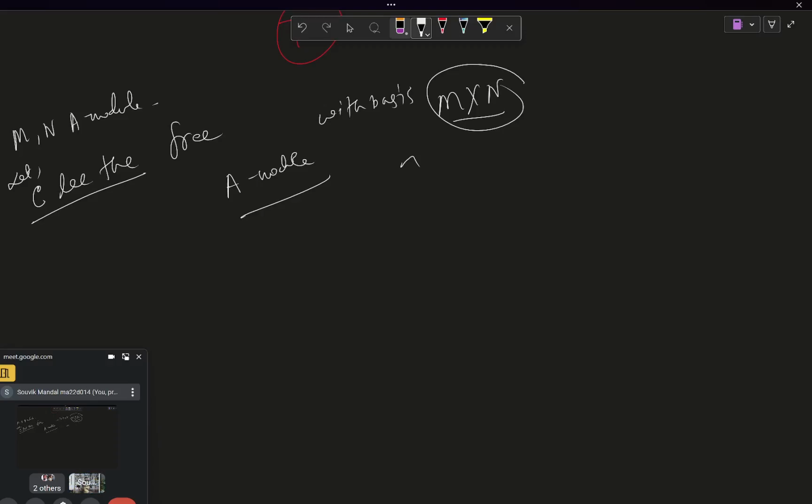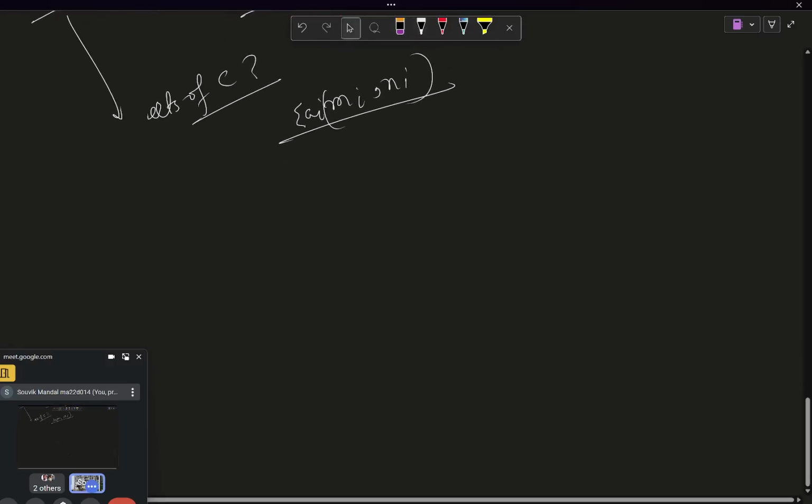The same thing here. What are the elements of C? How do elements of C look? They look like a summation of a_i times (m_i, n_i), with a_i from A. Yes, so these are the elements of C.